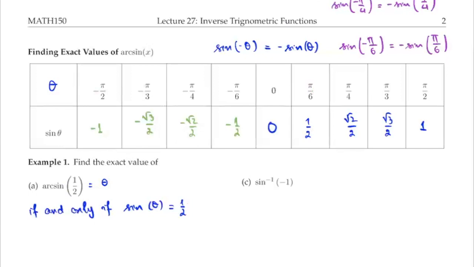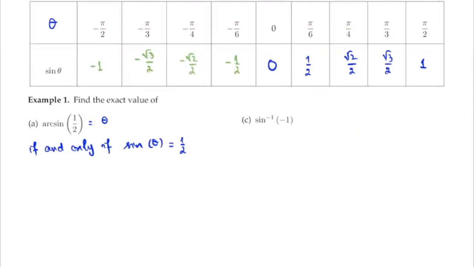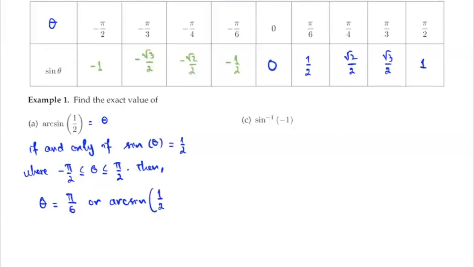So that's why the angle that we have is only between negative pi over 2 and pi over 2. Therefore, where theta is between negative pi over 2 and pi over 2, you conclude that theta is equal to pi over 6, or technically what you're trying to find is arc sine of 1/2 is equal to pi over 6.